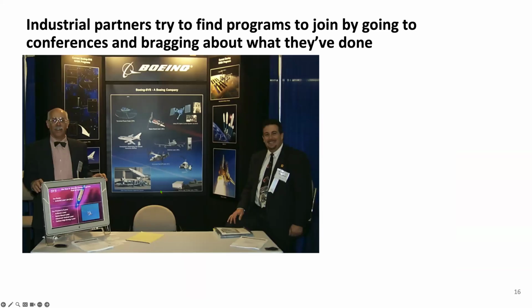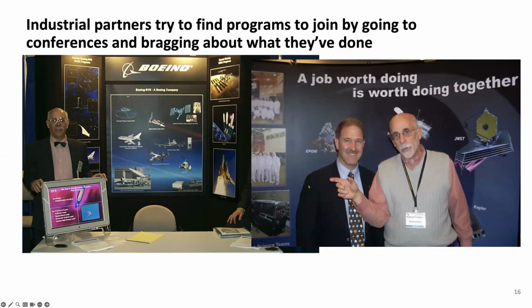And then you have to go for the scientific community. You've got to go stand in a booth and try to convince the scientists to buy your product. At this point in my career, I worked for Boeing, but I worked for other companies as well, where we had to go to all the astronomy conferences and try to get the universities and other organizations that plan to do science in space to use our company to build spacecraft and instruments.